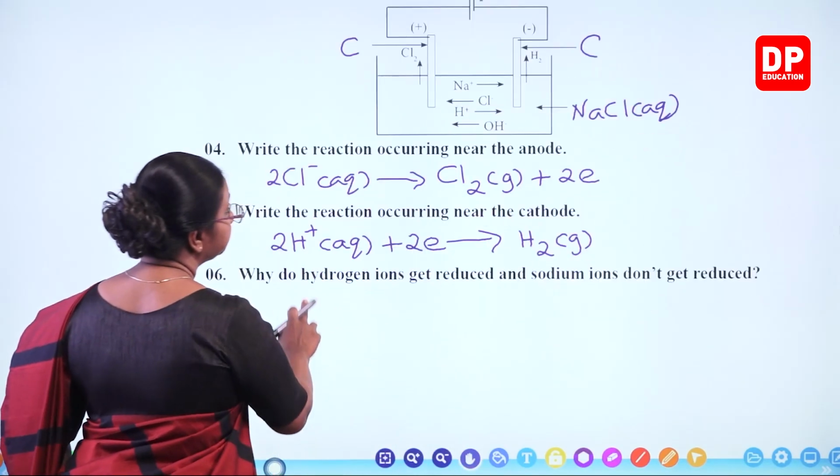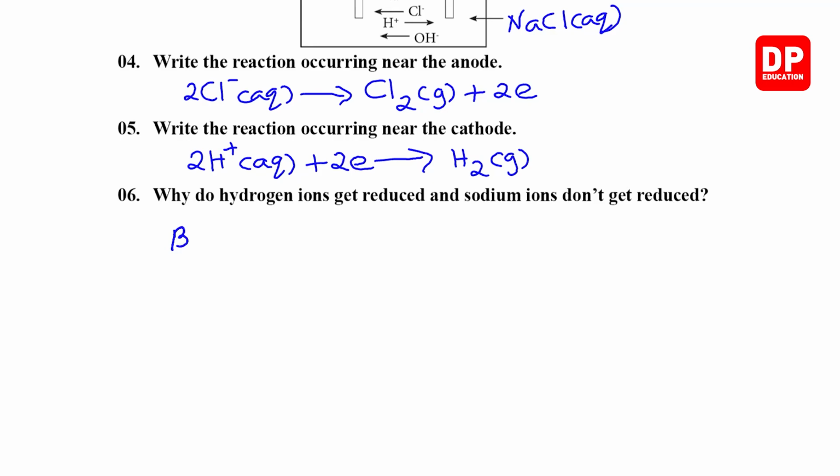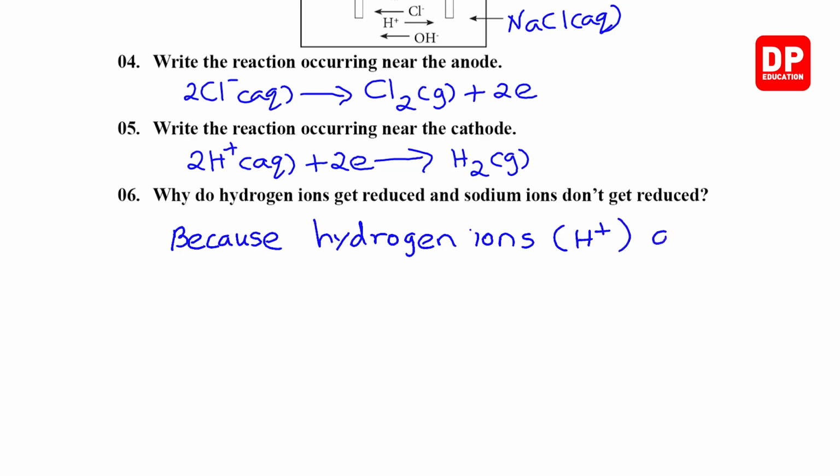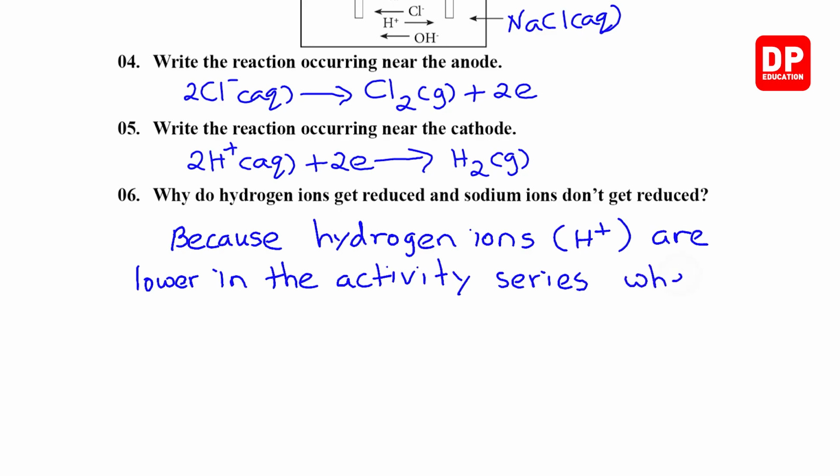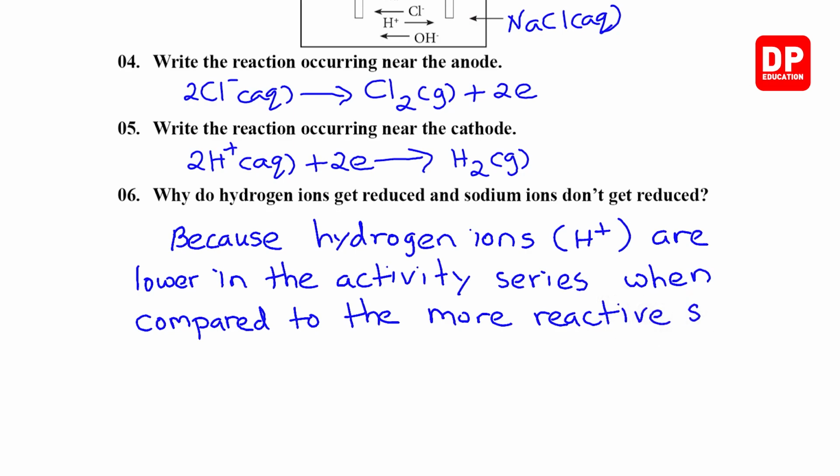So here you can say, because hydrogen ions are lower in the activity series when compared to the more reactive sodium ions, that is Na+.